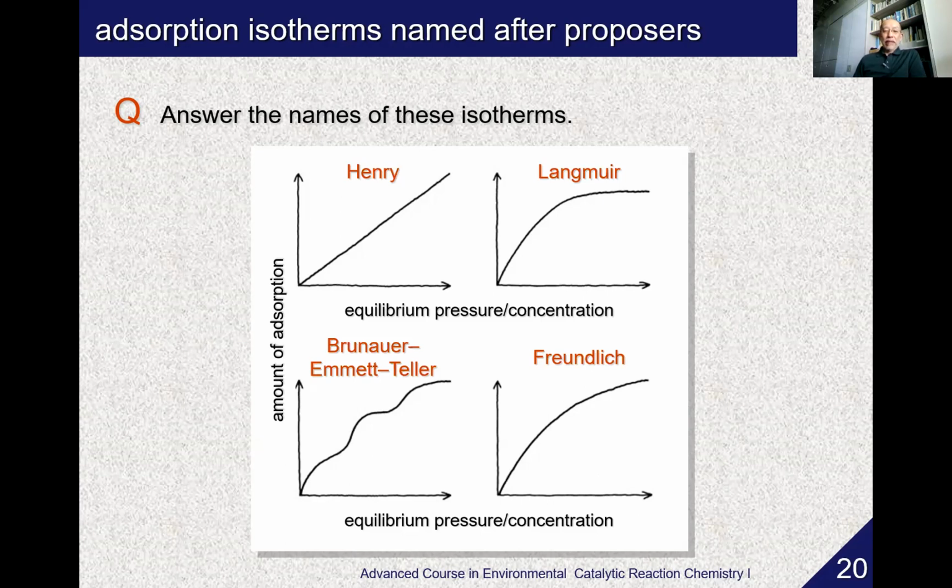And BET is based on the Langmuir adsorption, but that is multiple layer adsorption. So therefore, the essential isotherm for BET is Langmuir. So the Langmuir adsorption is very important.